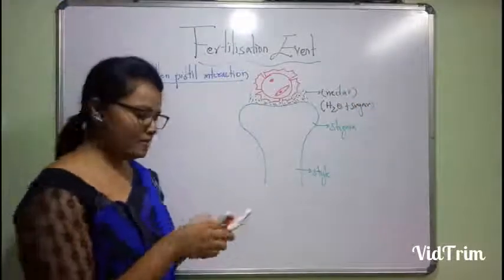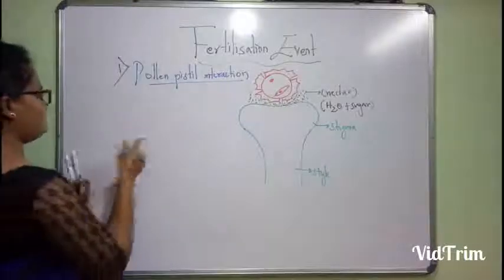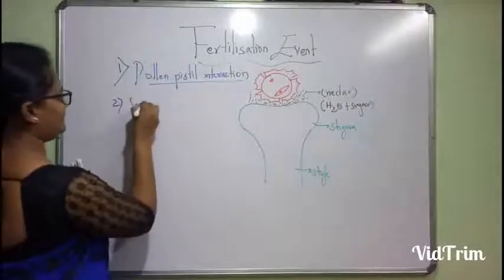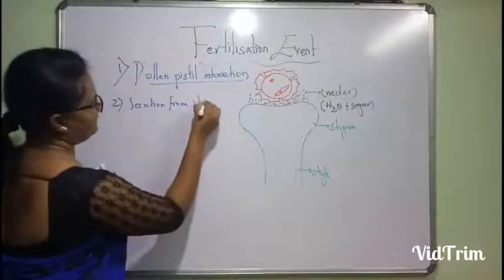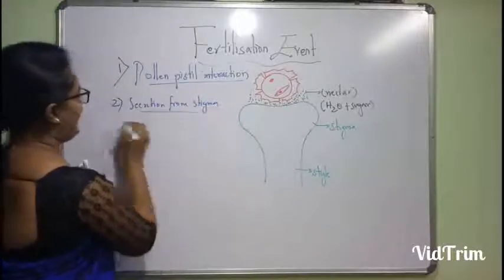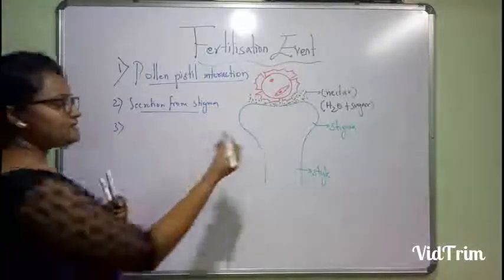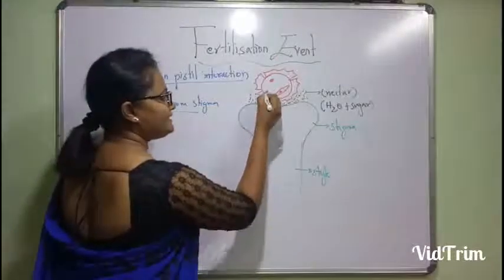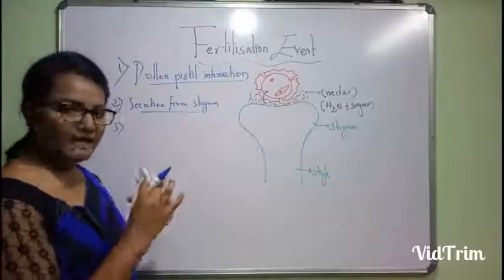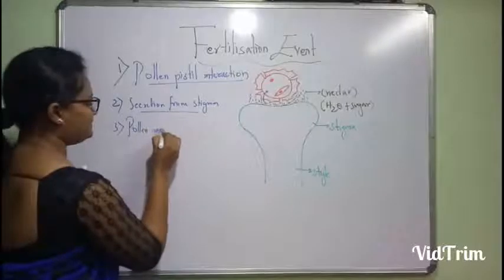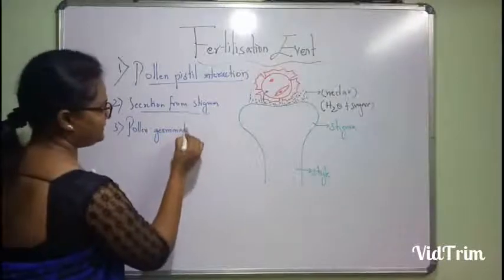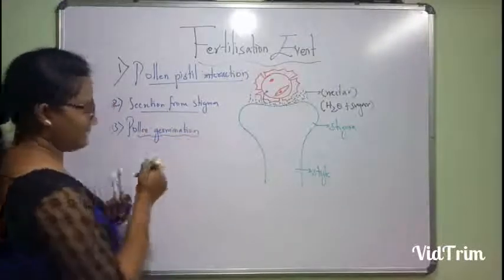So the next step is secretion from the stigma. After the secretion, some secretions will go inside the pollen grain and the pollen grain undergoes the germination process, that is, pollen germination.